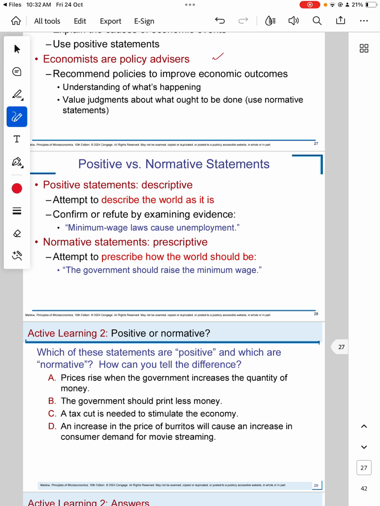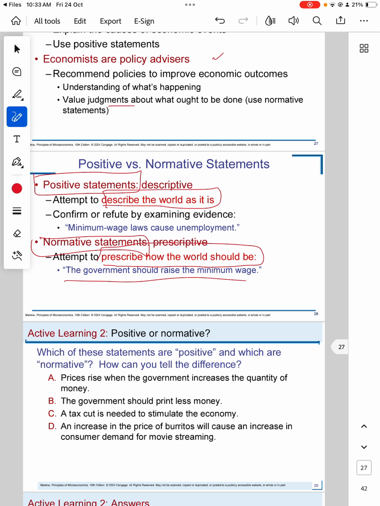Talking about judgment, we relate it to positive statements and normative statements. Remember, a positive statement describes the world as it is. For example, the minimum wage law causes unemployment. A normative statement, such as saying that the government should raise the minimum wage, prescribes how the world should be.